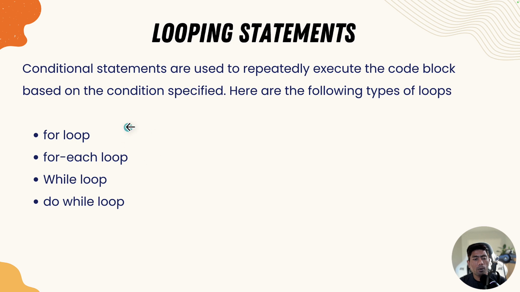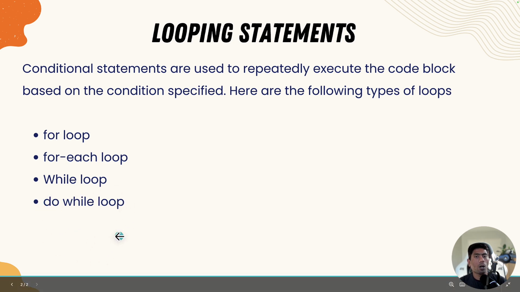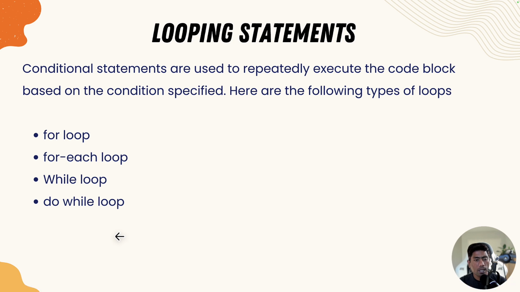That's what I'm going to demo: the for loop, the for each loop, and the while loop. I don't think you will often have a situation where you'll be using do while loop in your automation testing. Even while loop is quite rare. I will show you all these looping statements in this lecture, and you'll get more familiar and comfortable as you start writing code with looping.